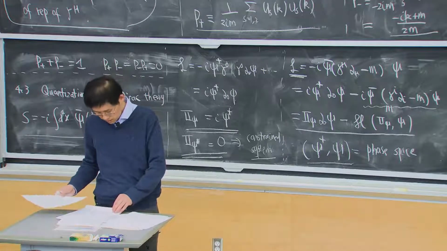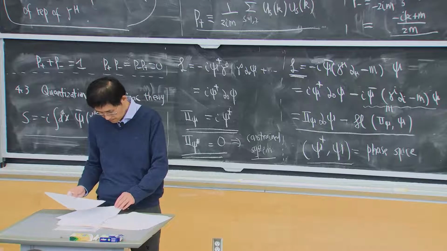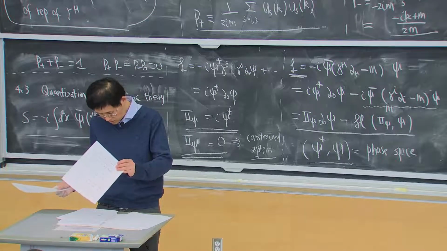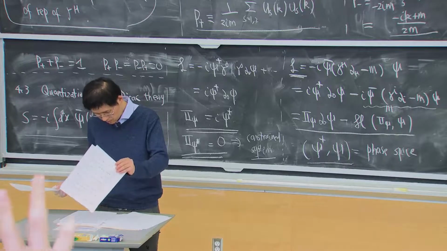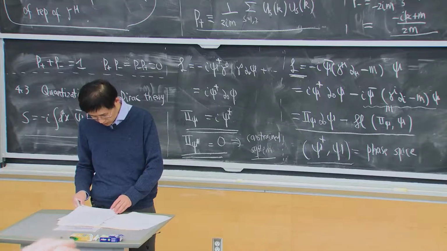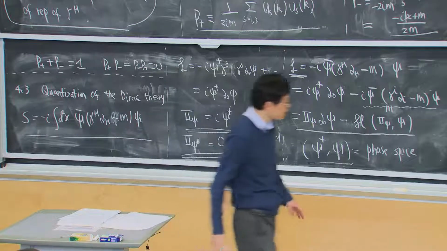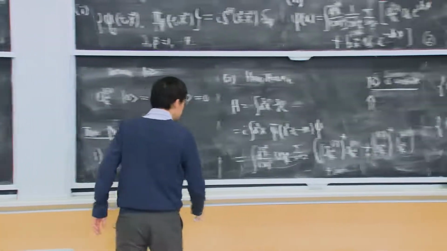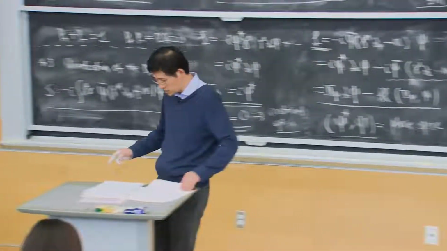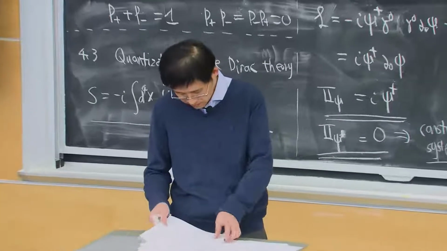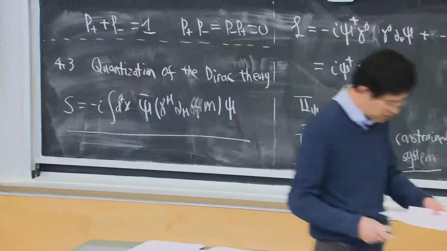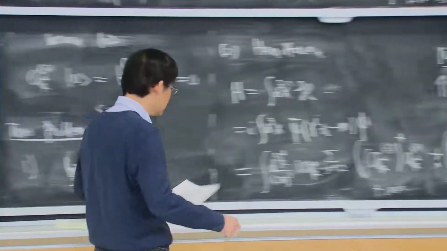I think we still have 1 minute left, but it's a good time to stop, because otherwise other things will take more time. So let me just make a couple of remarks on why you have to do something unconventional here.